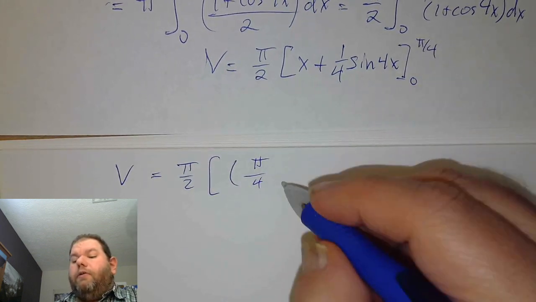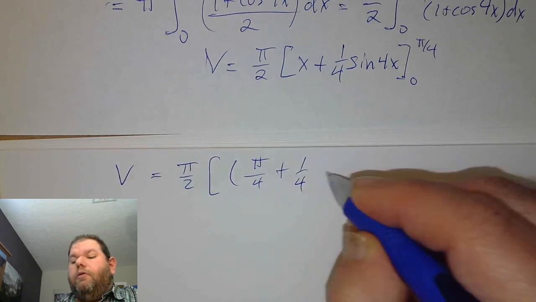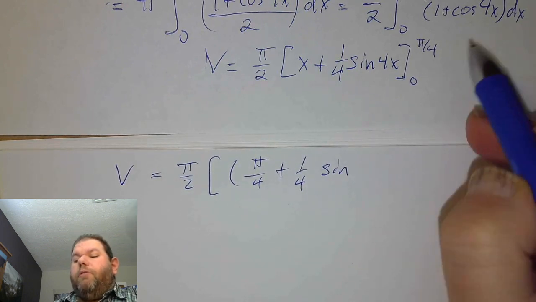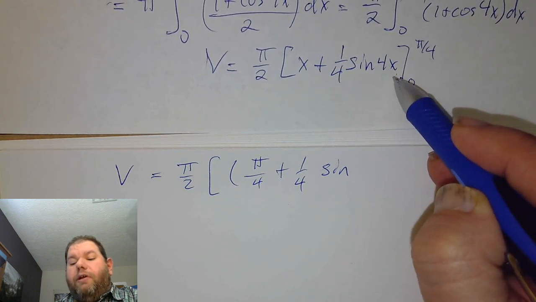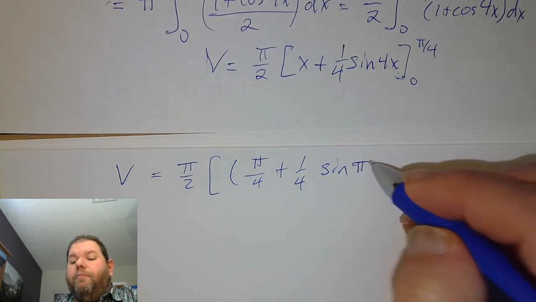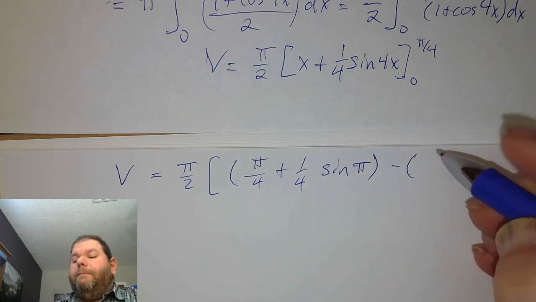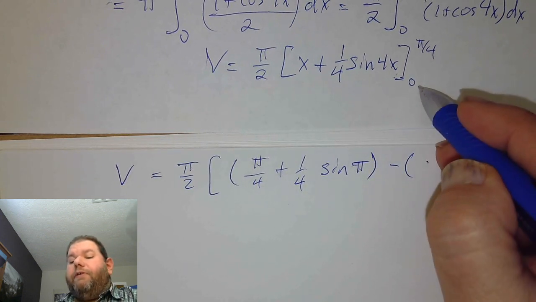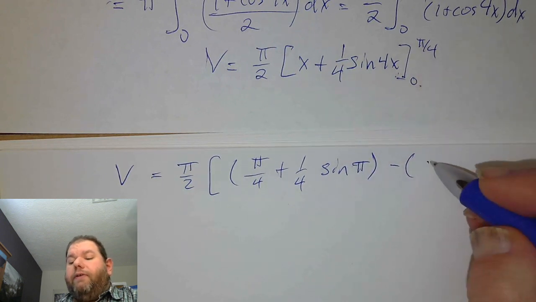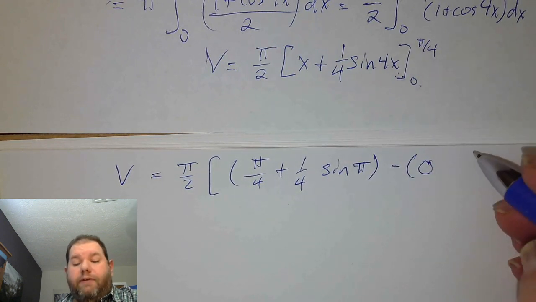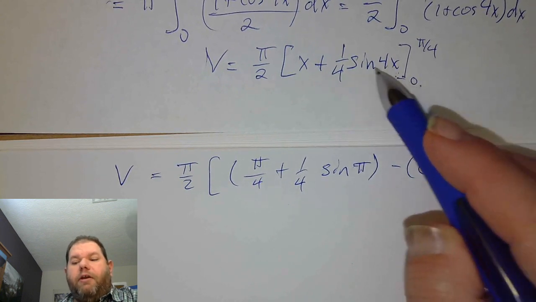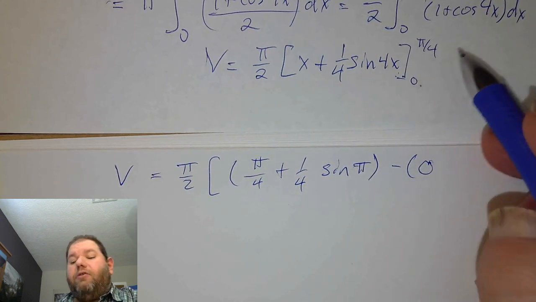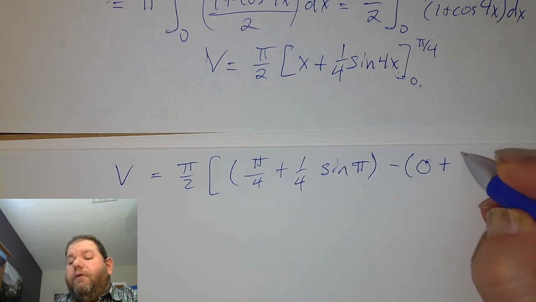For x, and if we plug in pi over 4 here, 4 times pi over 4 is just pi, so sine of pi. Then we plug in the 0. We know x, if you plug in 0 for x, it's just 0. We do want to make sure we evaluate the trig function, because depending on which function it is, it's not always 0. Often, but not always.